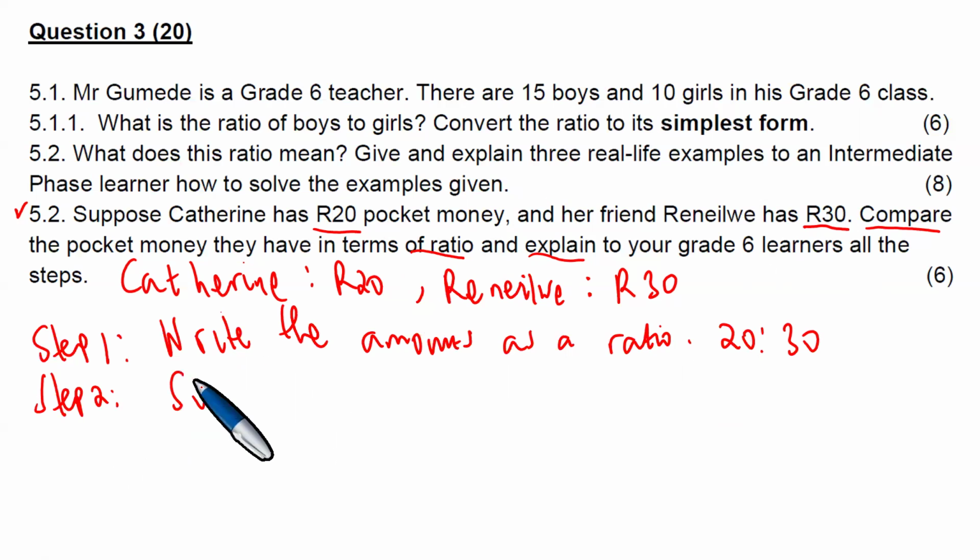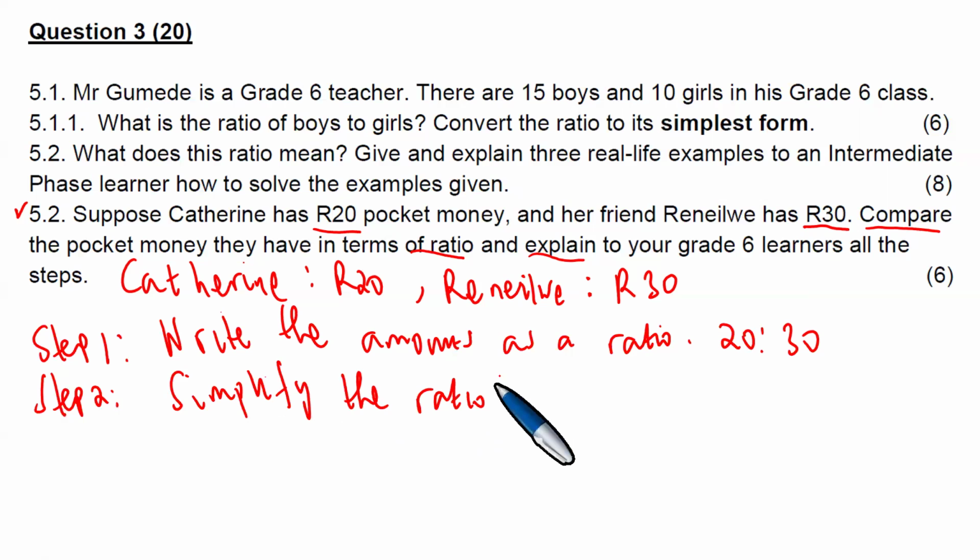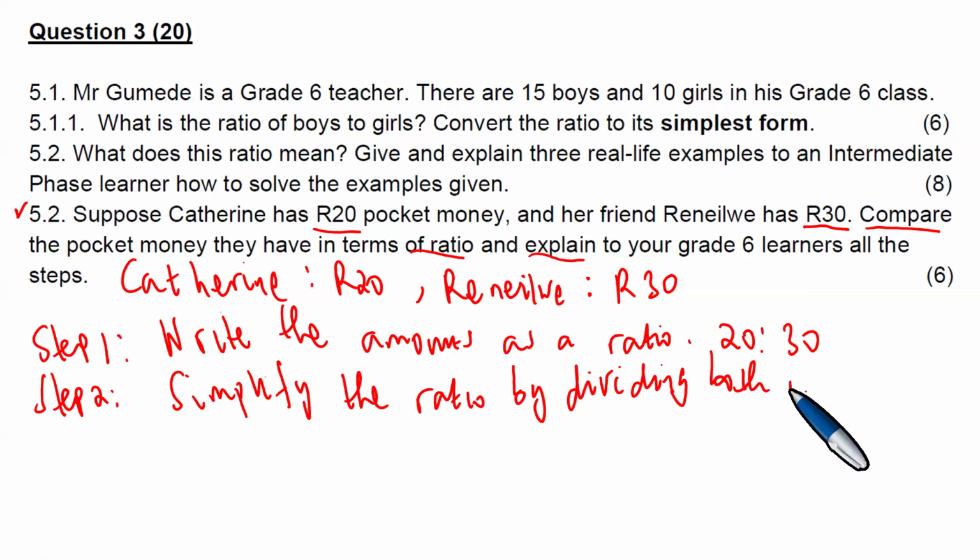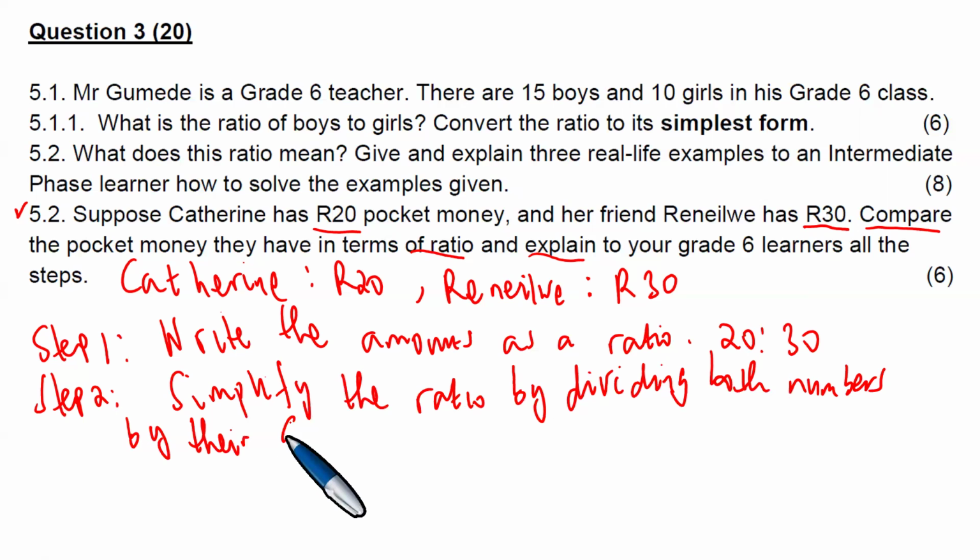You need to simplify the ratio by dividing both numbers by their greatest common divisor.